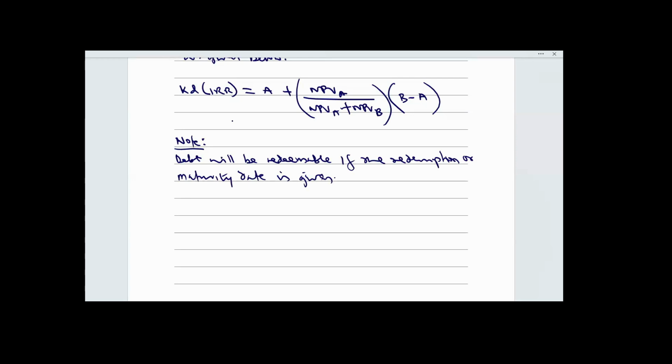So you must be given the dates on which the debt will be redeemed in the future. Otherwise, it should be computed as the cost of irredeemable debts. Okay, so that's that.